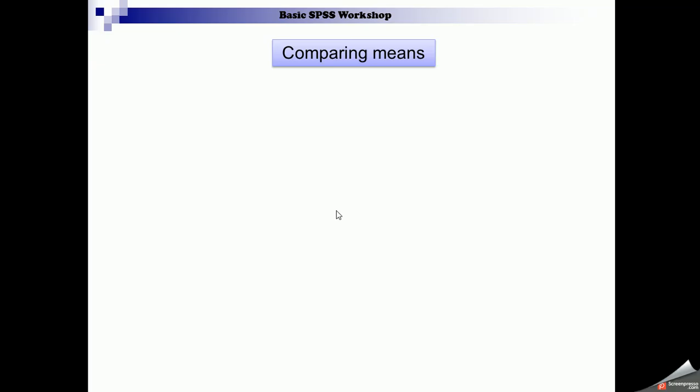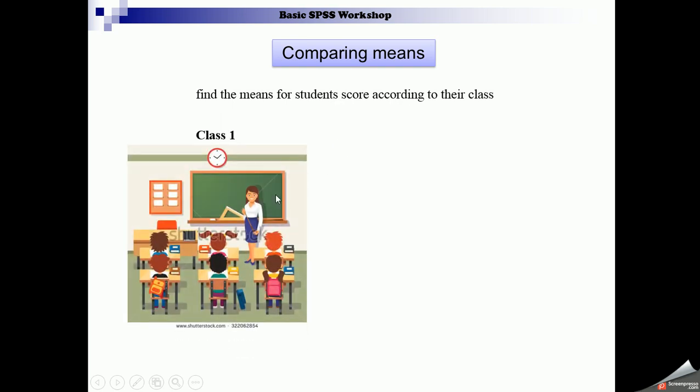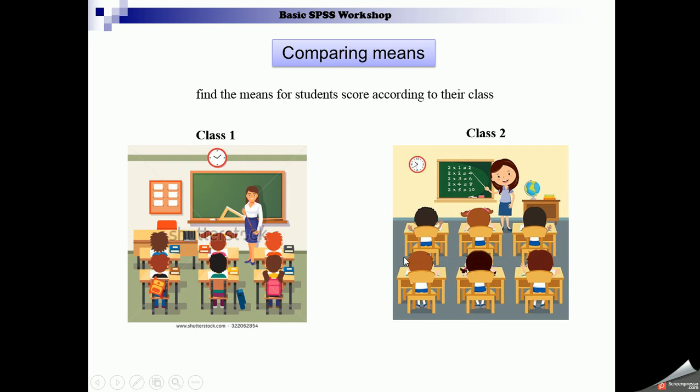If we go back to the PPT, for comparing means, we want to find if there are any differences between the means of the student score according to their class. So we have class 1, students have a score in some subject, and we have class 2, with other different students.